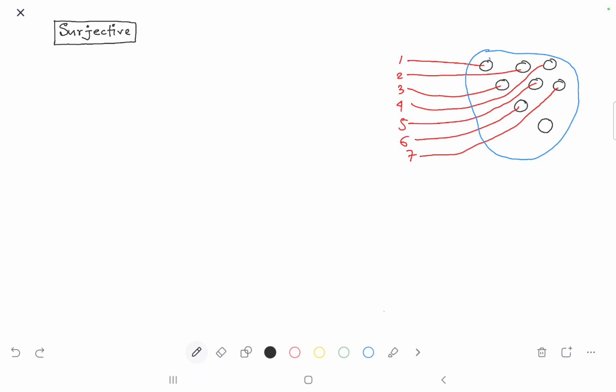So a function f from A to B, where A and B are given.